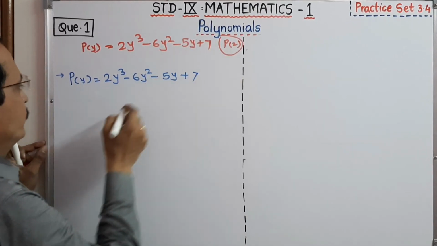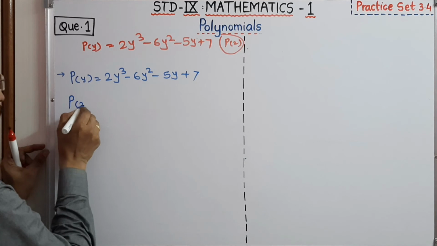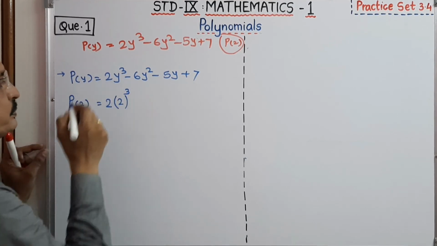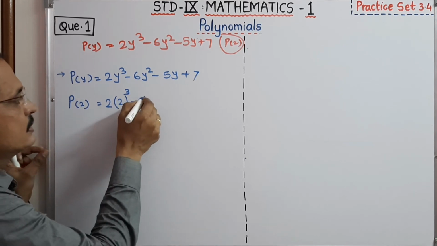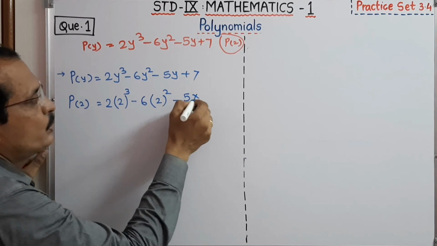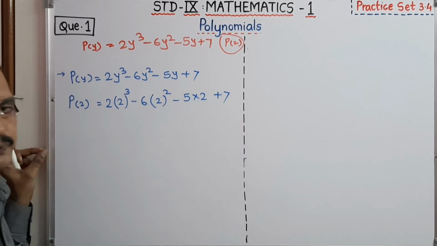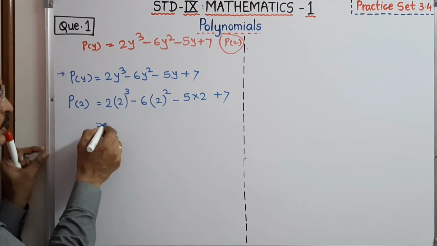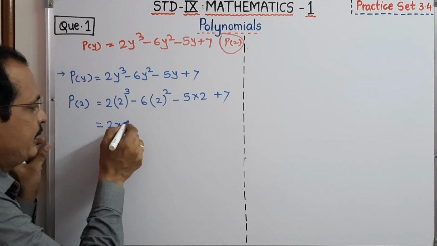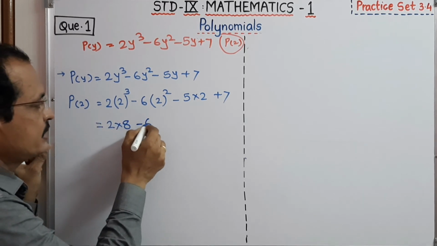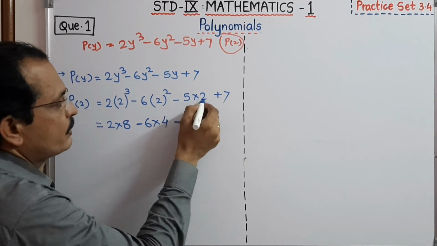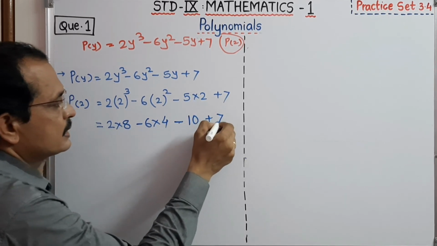Now P(2), therefore we have to write P, and here it is 2. 2 into 2 cube minus 6 into 2 square minus 5 into 2 plus 7. Student, see here. 2 into cube of 2, it is 8, minus 6 into square of 2, it is 4, minus 5 into 2, 10, plus 7.